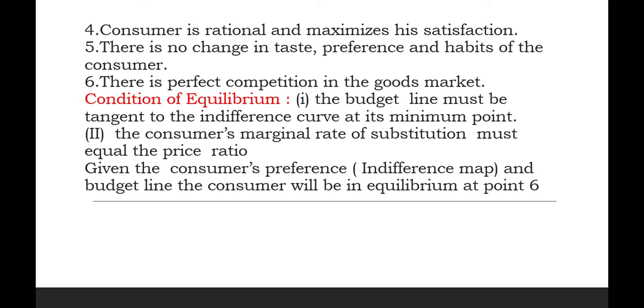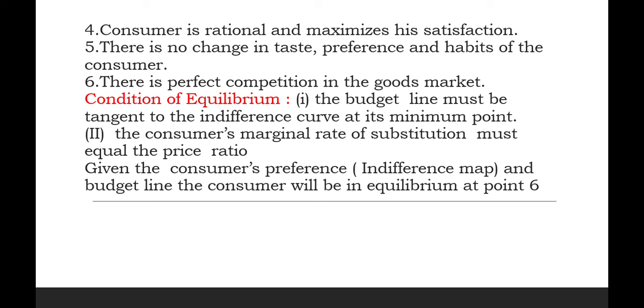In order to achieve the conditions of equilibrium, there are two important conditions. One is the budget line should be a tangent to the indifference curve at its minimum point. Secondly, the consumer's marginal rate of substitution must be equal to the price ratio. By taking these two conditions, we can draw the indifference curve and attain the equilibrium point.